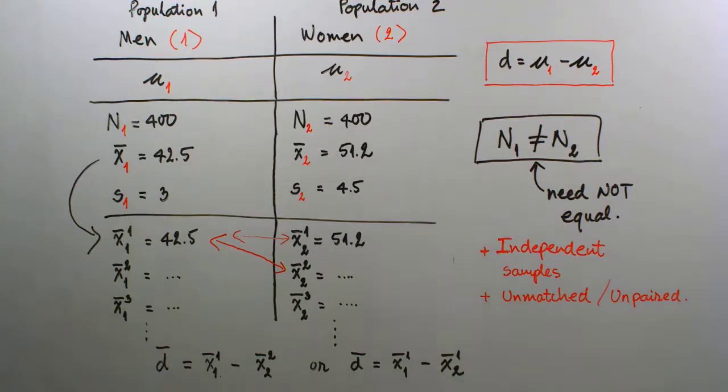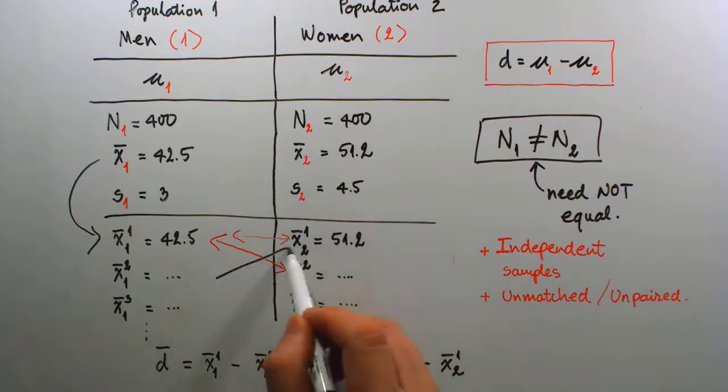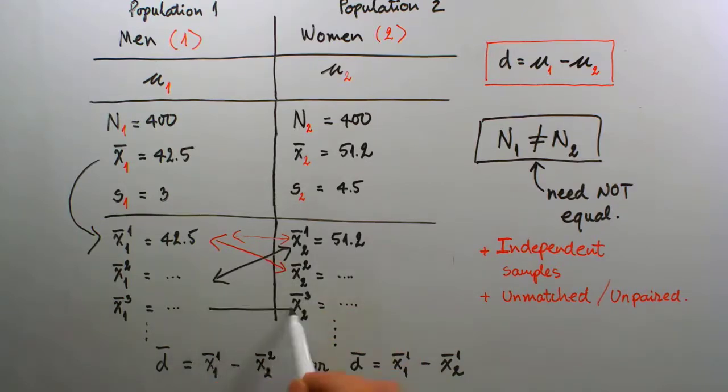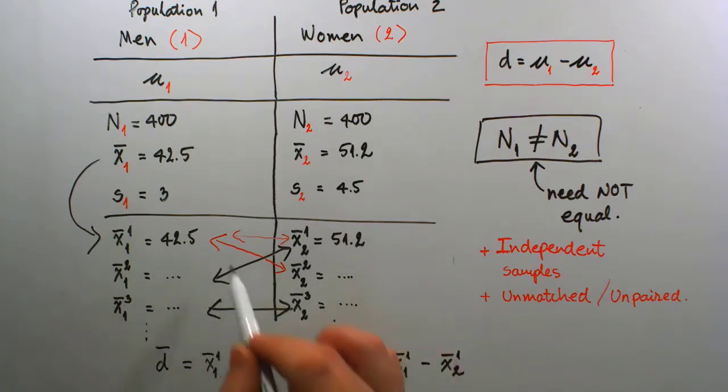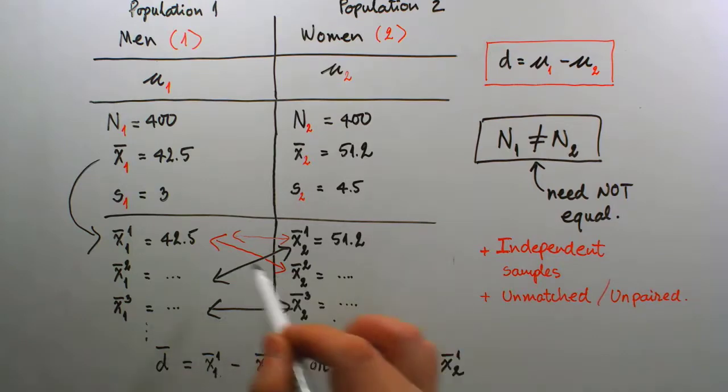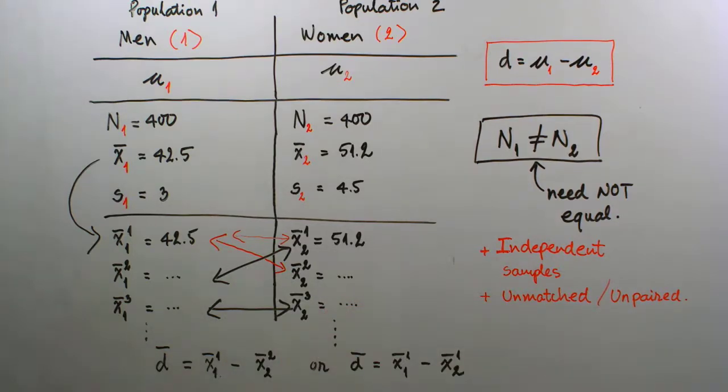And so we can mix and match a lot of these to find a difference, any difference. And that's what the arrows connecting any member from one side to another member of the other side are for. So now we realize that we can have infinitely many differences in sample mean values from two different populations.